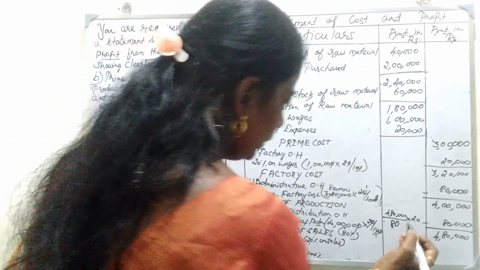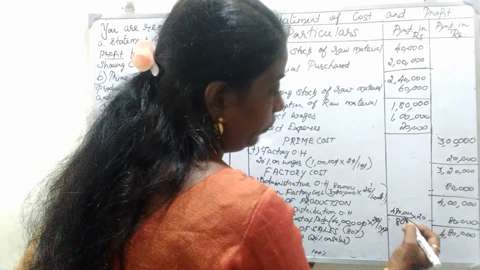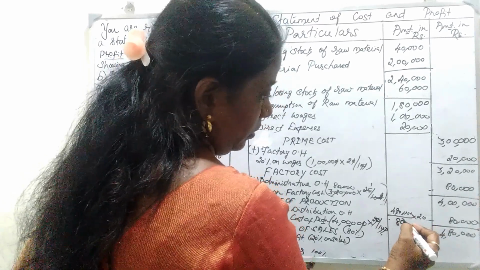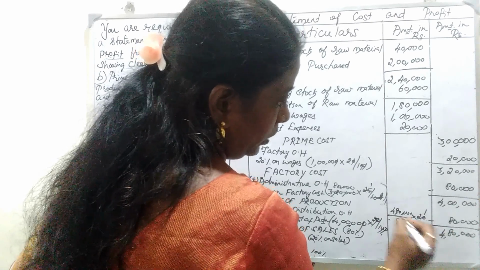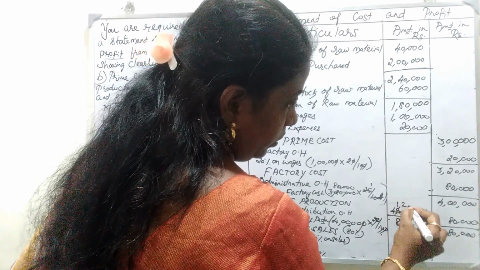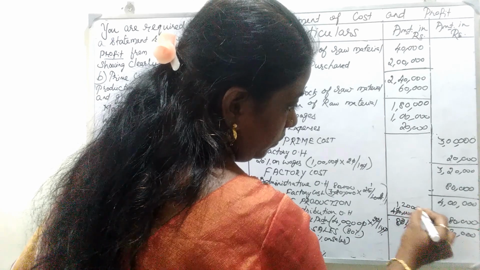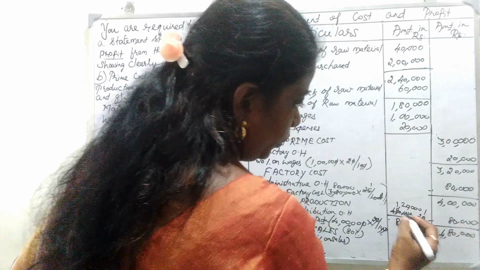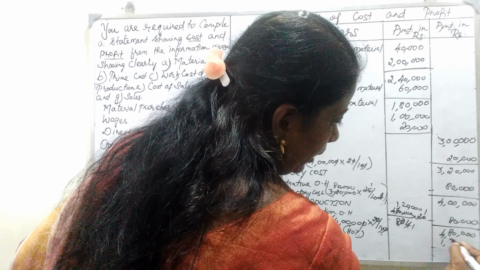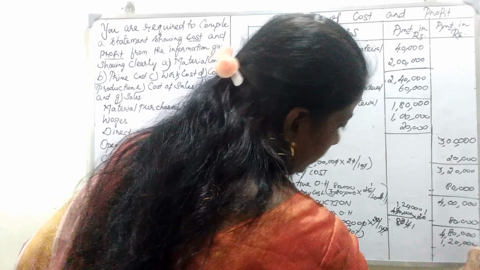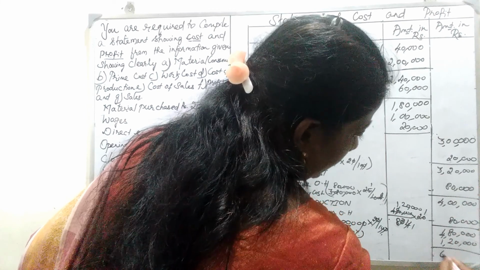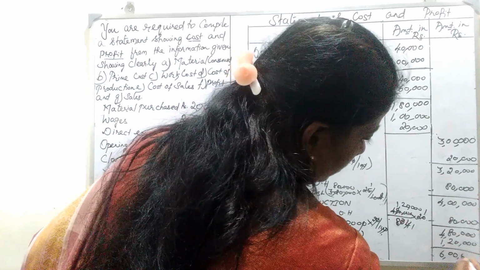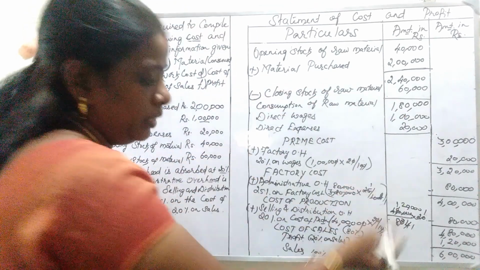So now we are finding the profit value. 1,20,000. So the profit equal to 1,20,000. Okay. If we add these two, that is sales. 6 lakhs.